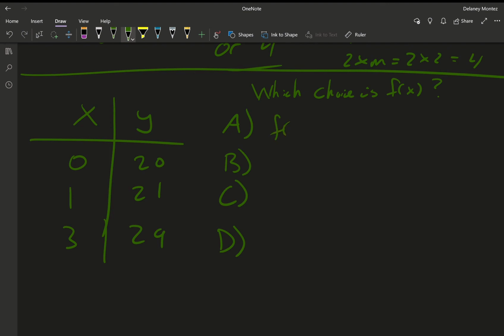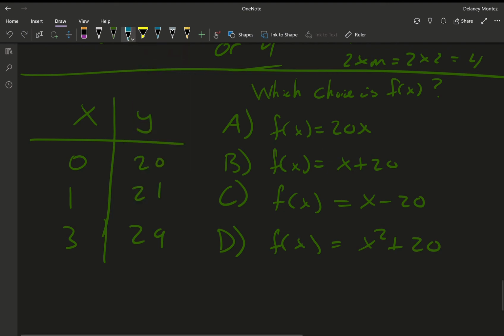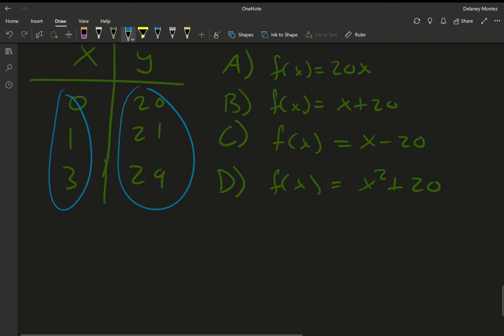So you have f of x equals 20x, and so on. So one of these here, A, B, or C, when you plug in your x values, you'll get your y values. So figure out which one that is, and then come back.